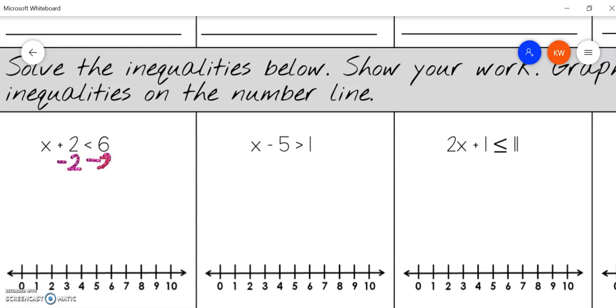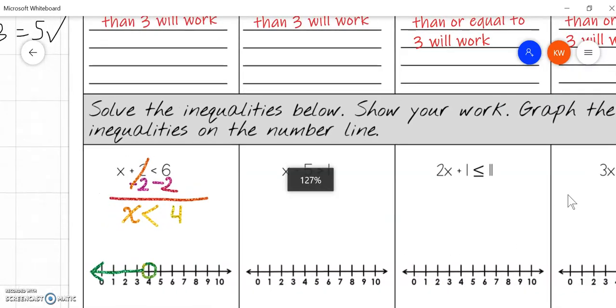So if I subtract both sides here by 2, these cancel out with each other, leaving me with x by itself over here. So x, and then we have our less than symbol. And then we have 6 minus 2, which is 4. So since this is a less than symbol, when we make our circle around our graph, we make a circle around the number 4 and point to everything that's less than.